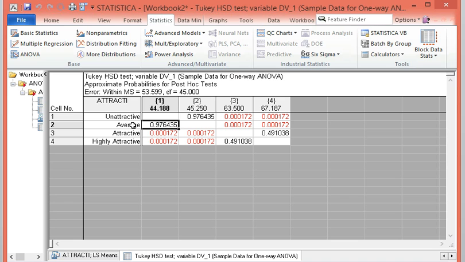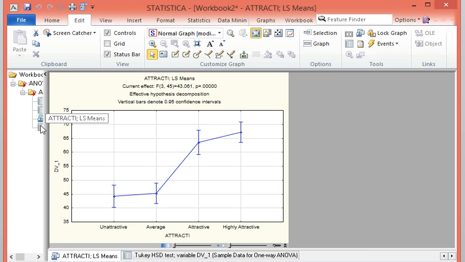So at least 4 mean comparisons seem to show significant difference, while the 2 remaining comparisons, particularly the mean rating for social desirability between average attractiveness and unattractive, is not significantly different, and the mean difference between highly attractive and attractive is also not significantly different, which if you look at our graph makes sense, no?